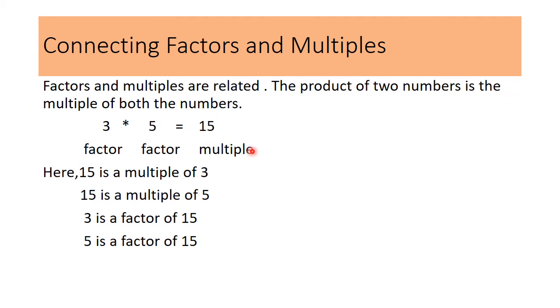This you have to remember: here 3 is a factor of 15, which is clear, and 5 is also a factor of 15. But the product, 15, which we have got, is also a multiple of both these numbers. So we can conclude that 15 is a multiple of 3 as well as a multiple of 5, and 3 is a factor of 15 and 5 is also a factor of 15.